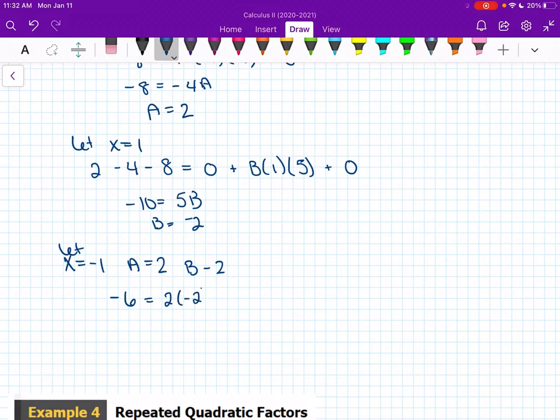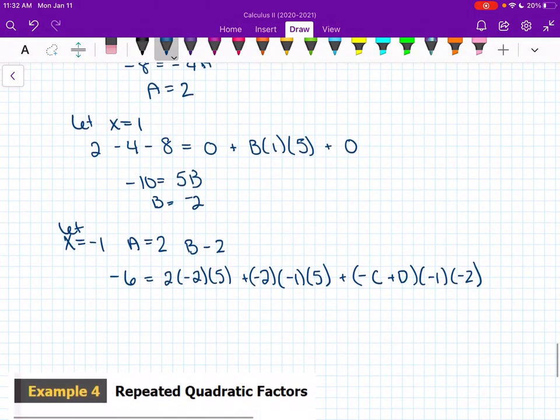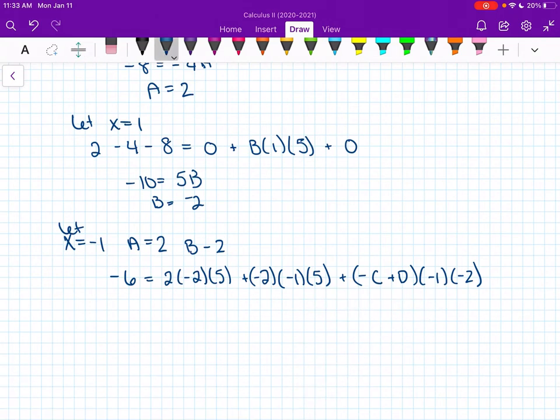Equals 2 times negative 2 times 5, plus negative 2 for b times negative 1 times 5 again, plus (negative c plus d) times negative 1 times negative 2. So then when I solve this all out, we're going to get negative 20 plus 10. Okay, so then we're going to get 2 equals negative c plus d.